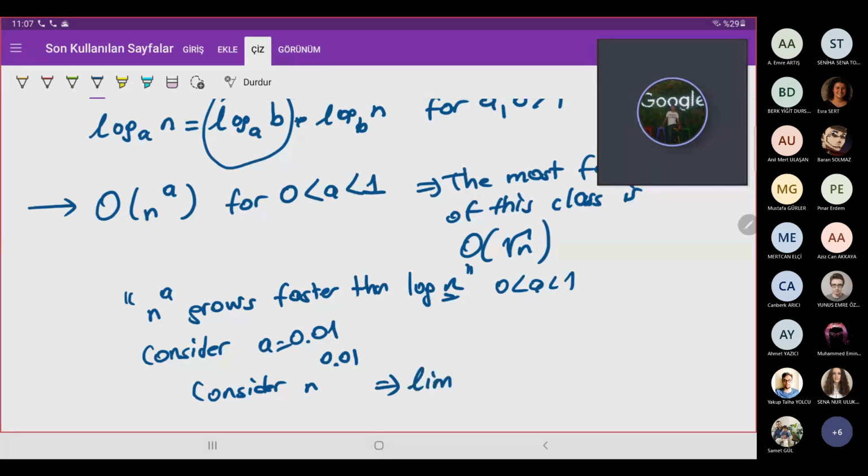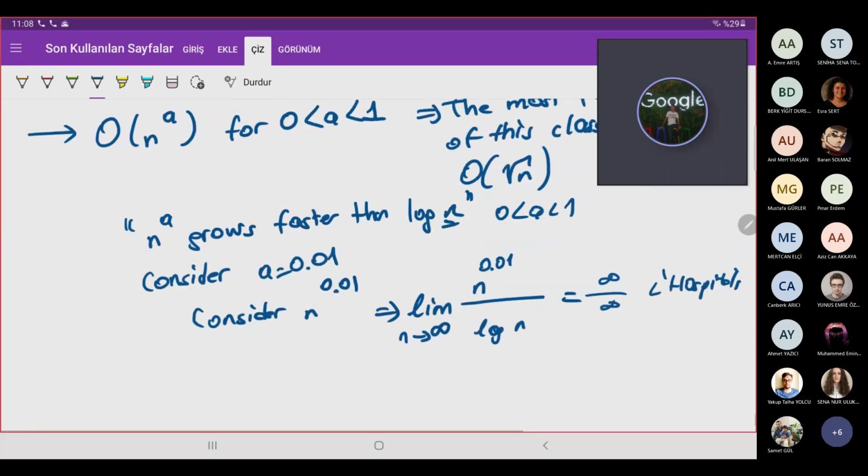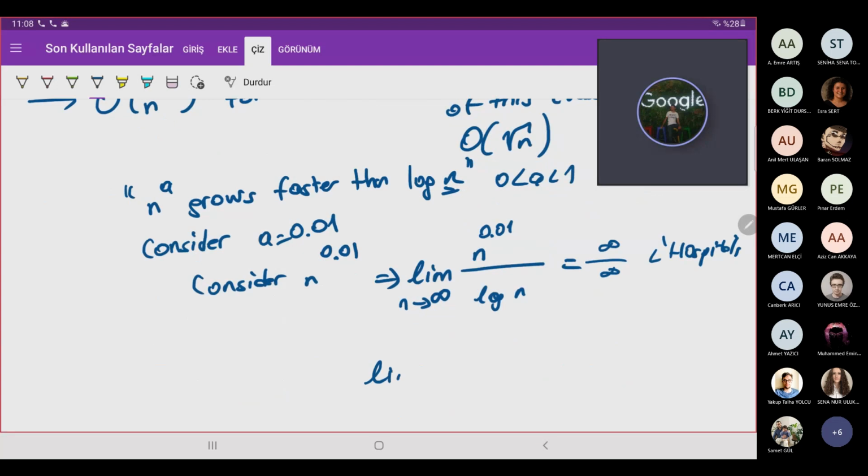The limit as n goes to infinity of n to the power 0.01 over logarithm n is what? Infinity over infinity, so we need to use L'Hopital's rule.